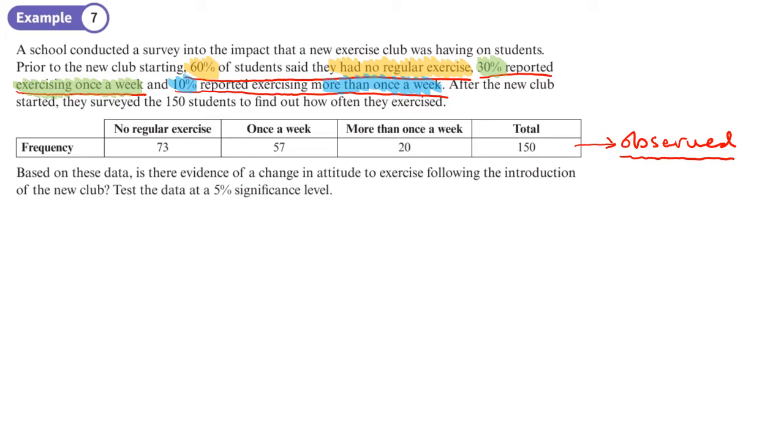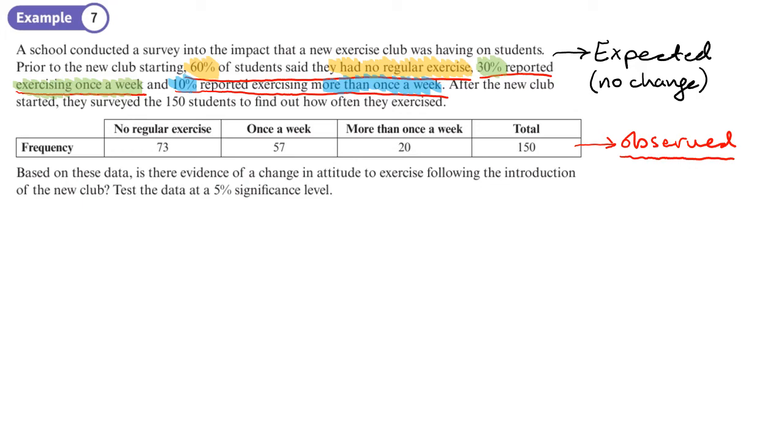Now in this case, the expected is basically if there were no change. If the club had no impact on people's exercising habits, then it would be these expected values. So that's going to have an impact on how we write H0 and H1.